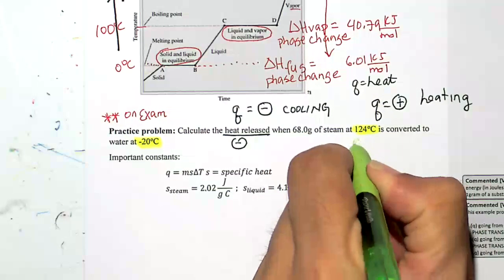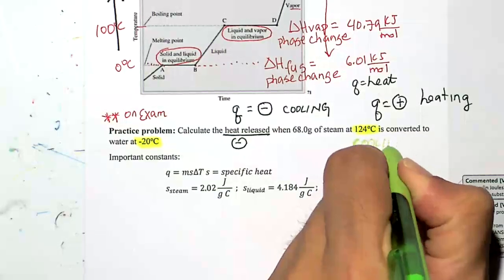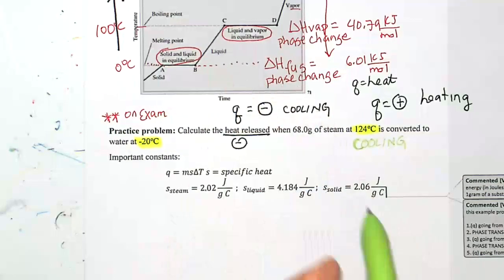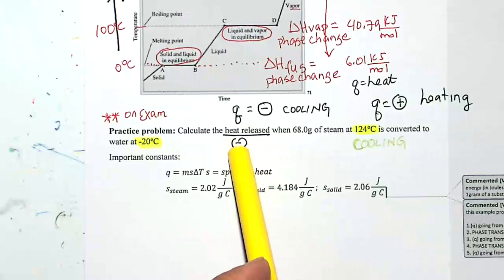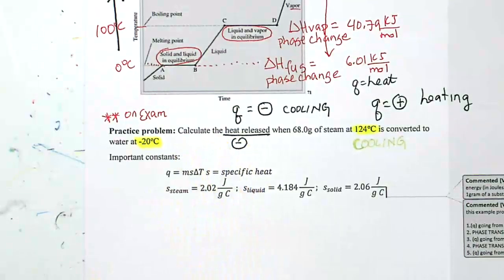Cooling. So 124 to minus 20, you're cooling. Where will that heat go? It's going to go to the surroundings, and that's heat released. Heat released to the surroundings. The heat will be negative.